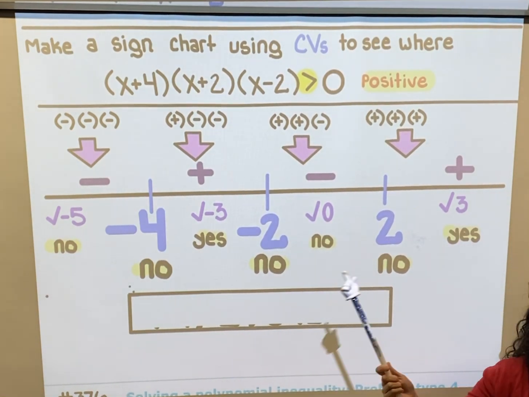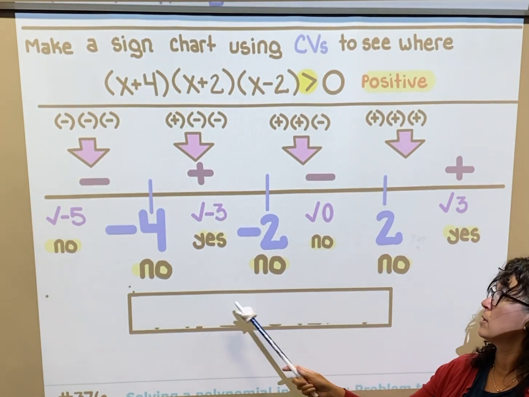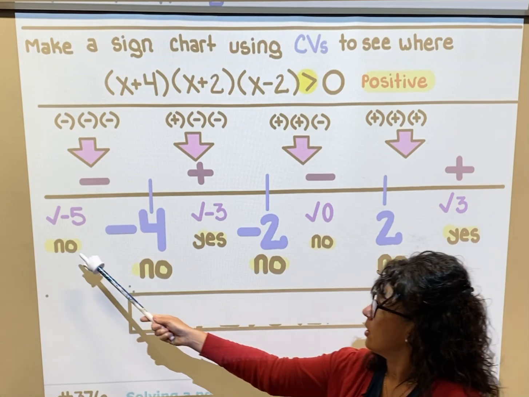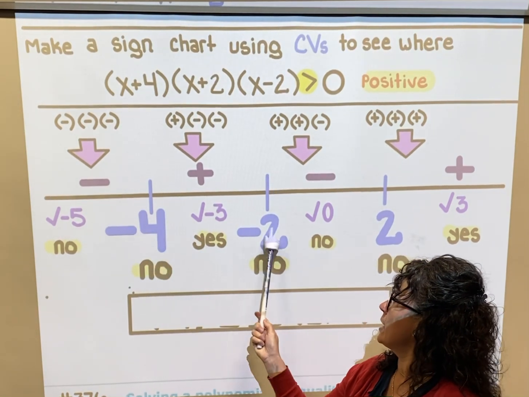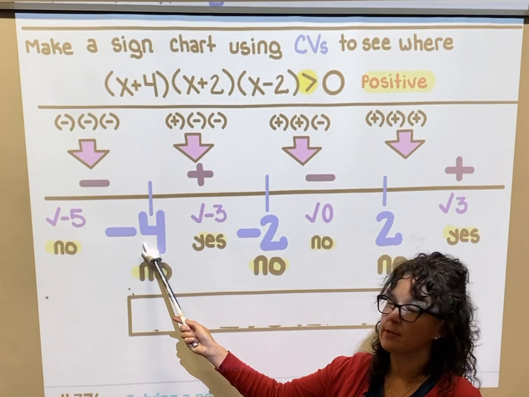So let's go from left to right for our interval. Okay, so no, no, but between here and here is a yes. If I want to leave out negative 4, that'll be a parenthesis.